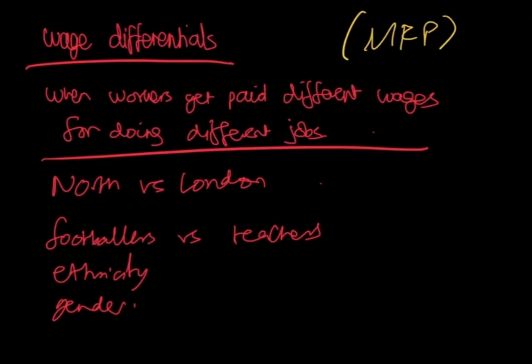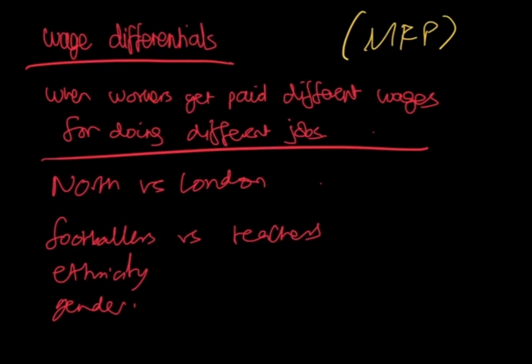To be a good teacher is hard, but not that hard, right? To be one of the best teachers in a school, it's doable. But to be one of the best footballers in that area or that city is very, very difficult. So the number of people willing and able to be a good teacher is higher than the number of people willing and able to be a good footballer.